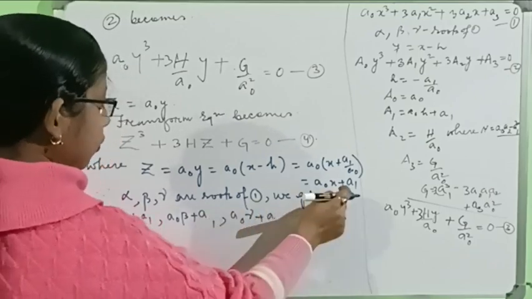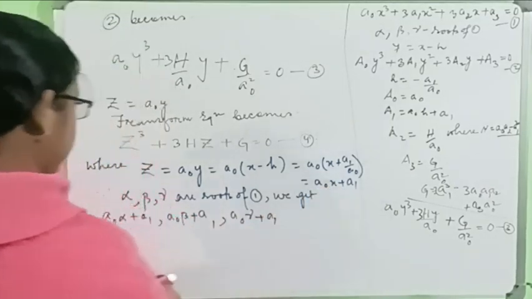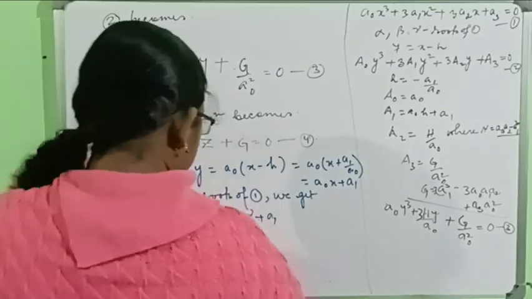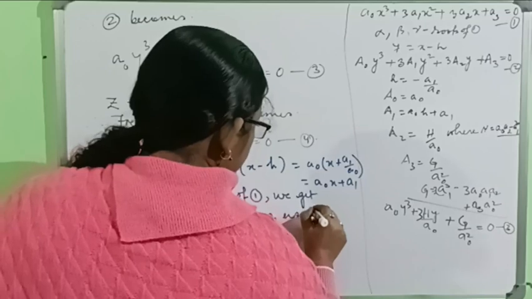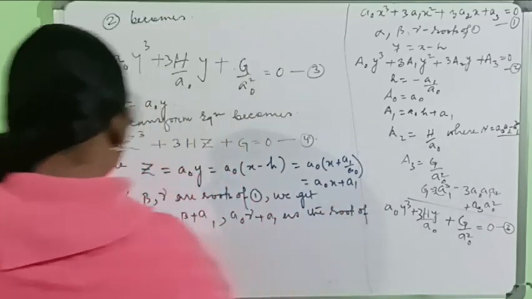Here it is a1. Replace x by alpha, beta, gamma as the roots of 4.